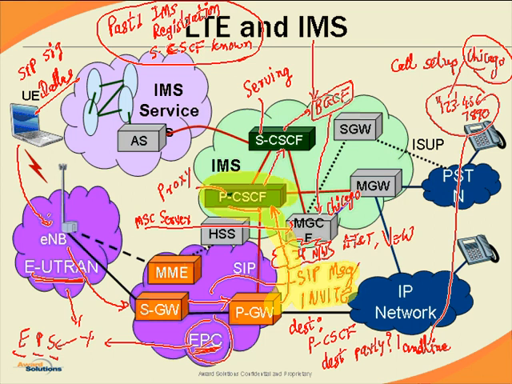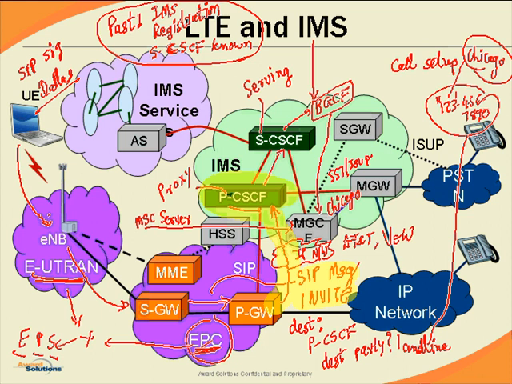Now this INVITE message is a SIP message. But our PSTN does not understand SIP signaling. It understands SS7 type signaling. So we need to convert that message into some ISUP message, SS7 ISUP signaling.